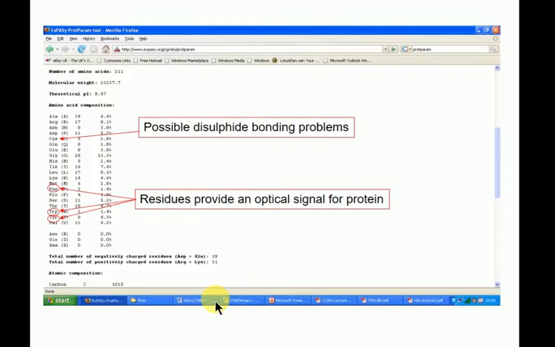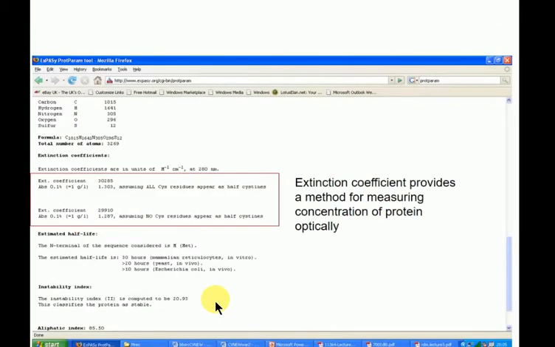Tyrosine and phenylalanine do contribute to your A280 signal, but they're pretty minimal. And then that will predict an extinction coefficient, and that will tell you, when you put it in the spectrophotometer, an absorbance of this amount means you've got this many mgs per mL of protein.